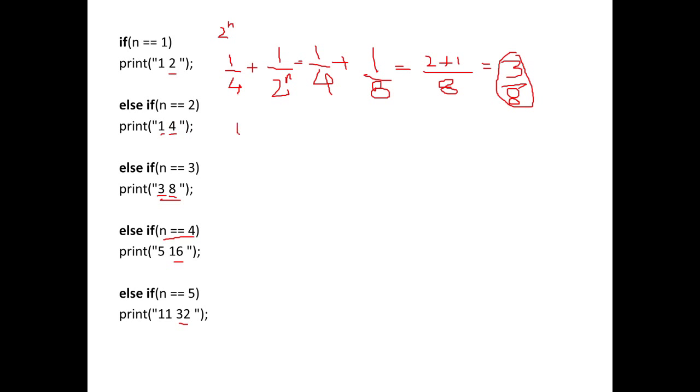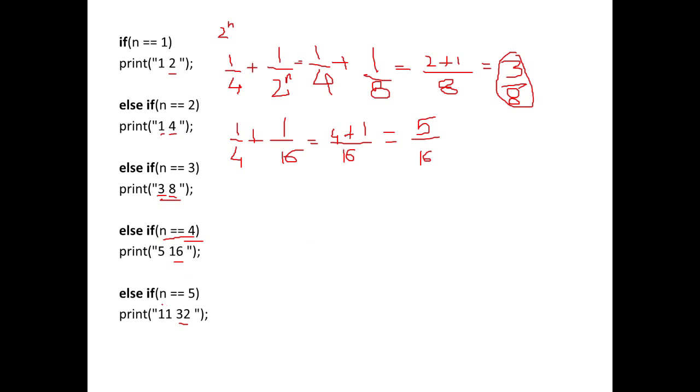So we'll again take the value of 2, that is 1 by 4, and we'll be adding it with 2 to the power n. Here the value of n is 4, and 2 to the power 4 is 16. Now again taking the LCM, 16, and 4 plus 1 is equal to 5 by 16.